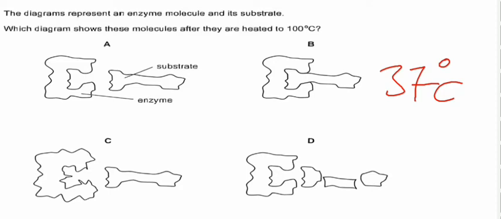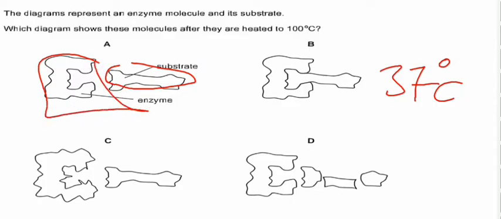As you can see here, we have this one here, which is the substrate, and this one here is an enzyme. Now here they are saying this enzyme has been heated to 100 degrees Celsius, which means the enzyme has undergone denaturation, which means the active site has been disturbed.